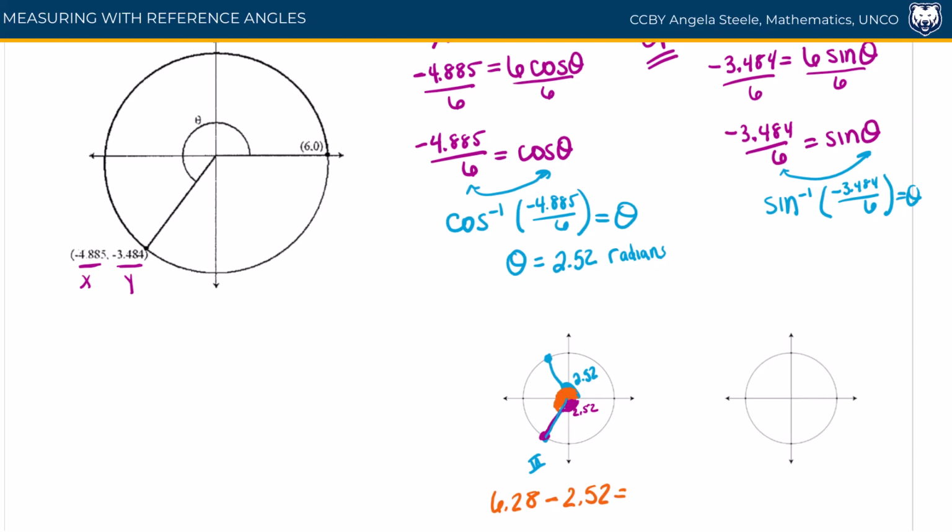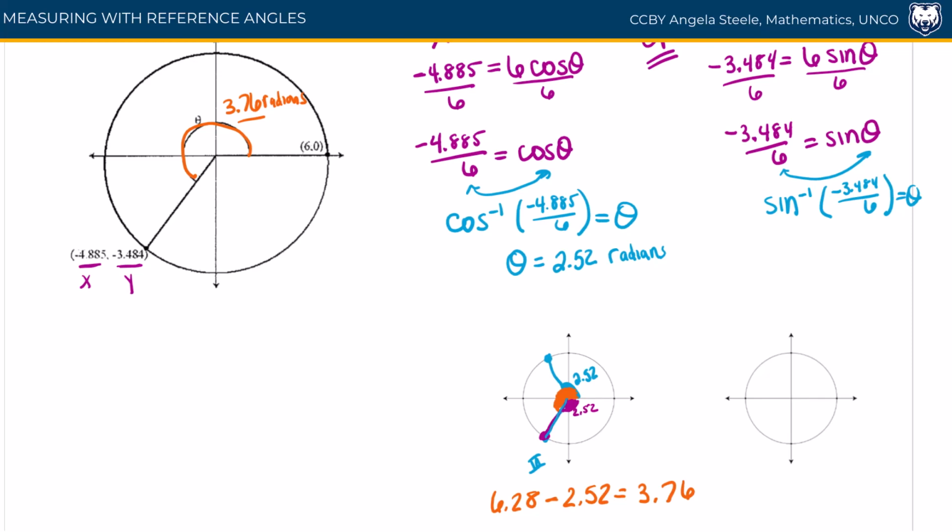And when we do that, we get 3.76. Okay, so that means that our angle from this 3 o'clock position all the way around is going to be 3.76 radians.